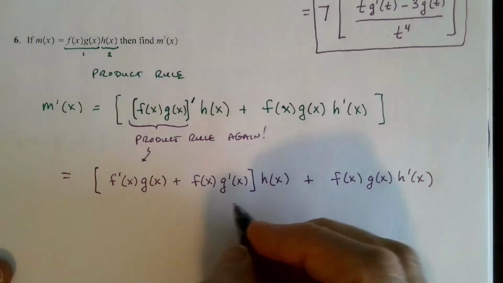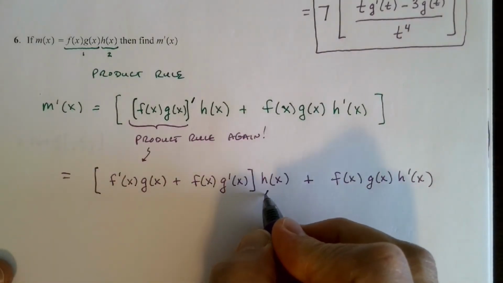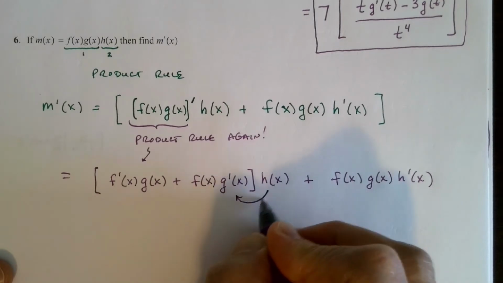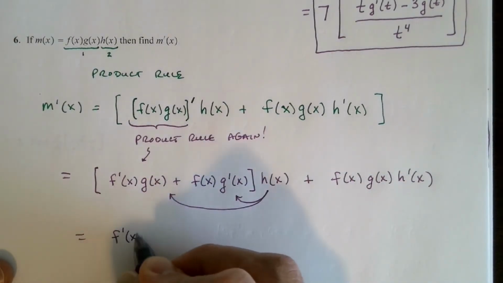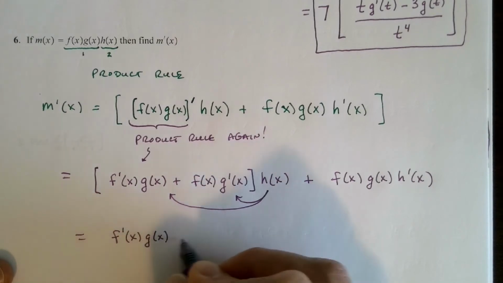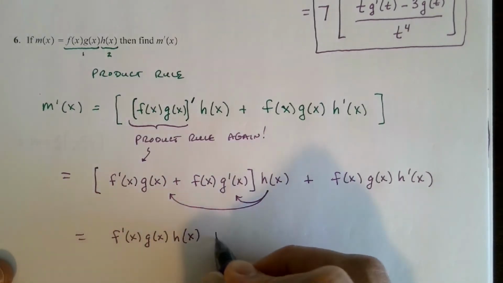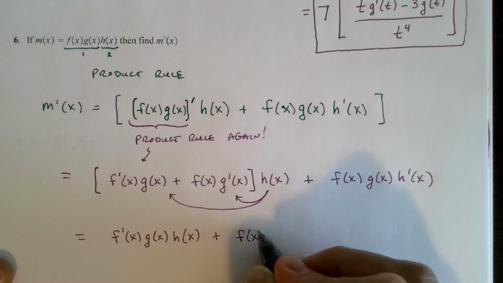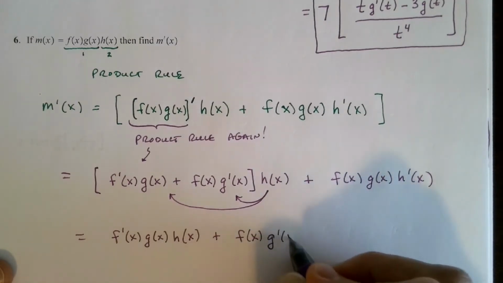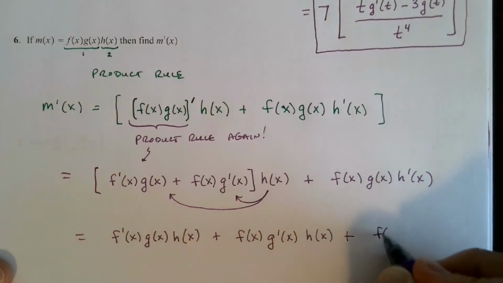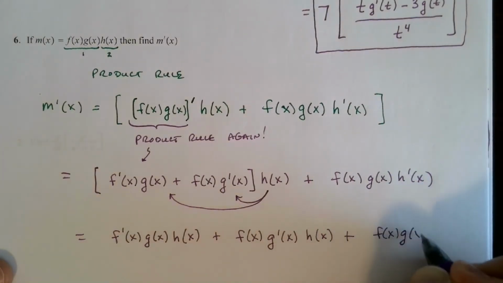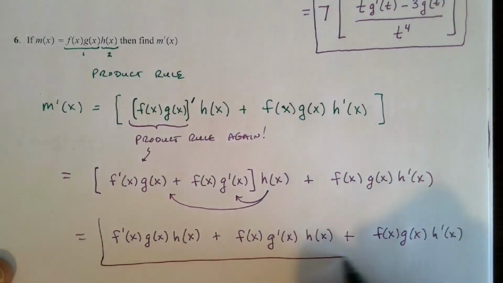And then just to simplify or write the final answer, I'm going to distribute this h of x through. And then times this last one. Now, there's our answer.